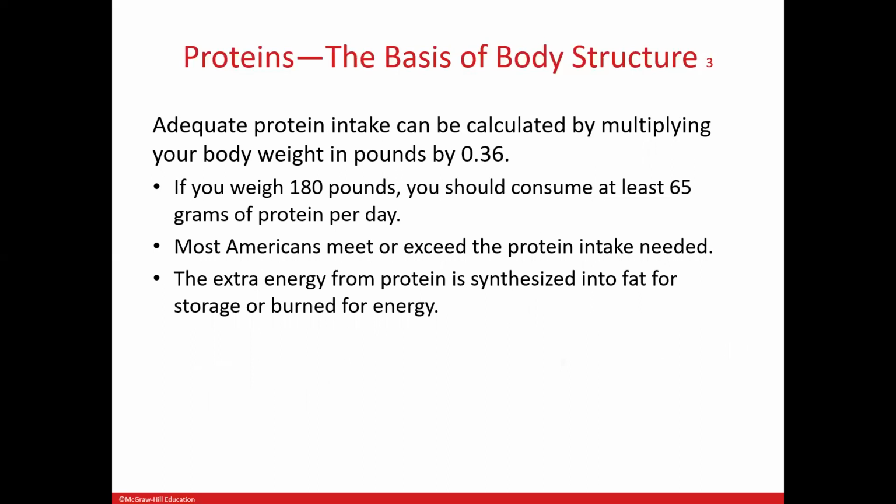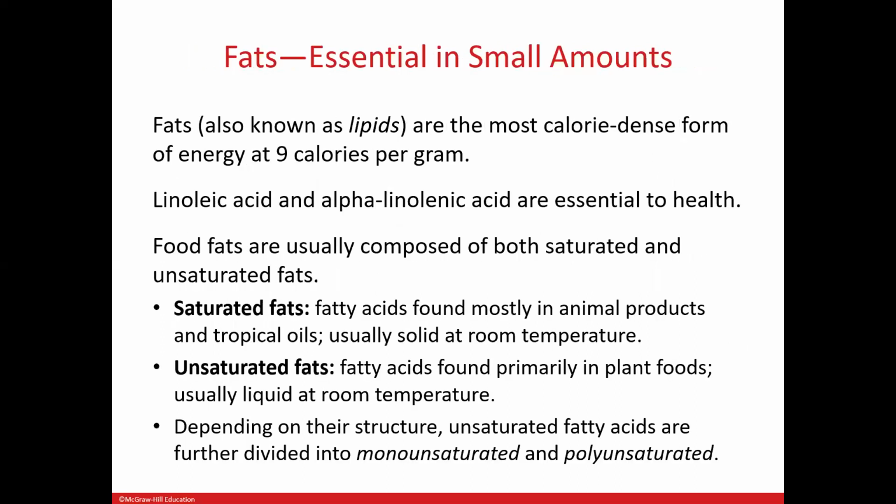We have to make sure that we have adequate protein intake, which we can calculate by multiplying your body weight in pounds by 0.36. For example, if you are at 180, you will need at least 65 grams of protein per day. Most Americans are really good at intaking protein. There's no issue usually.